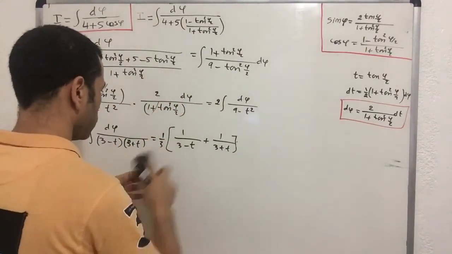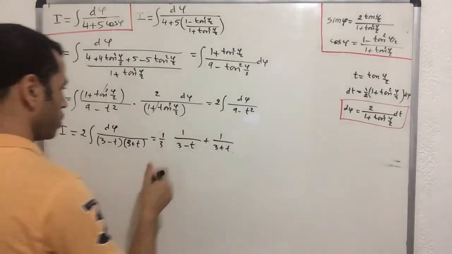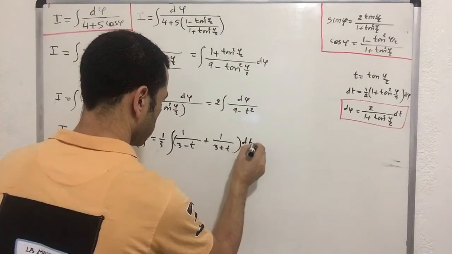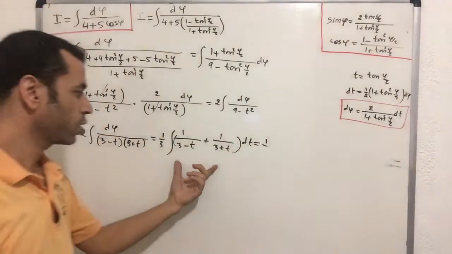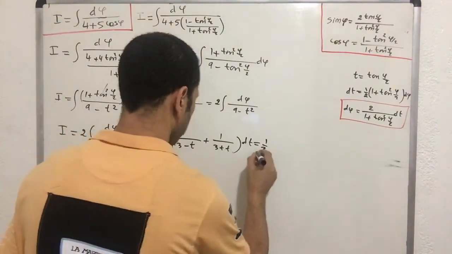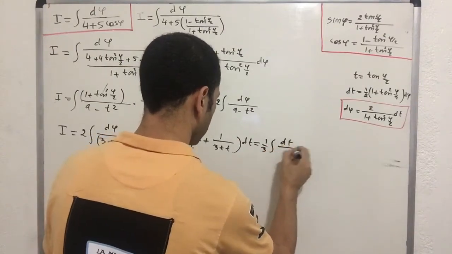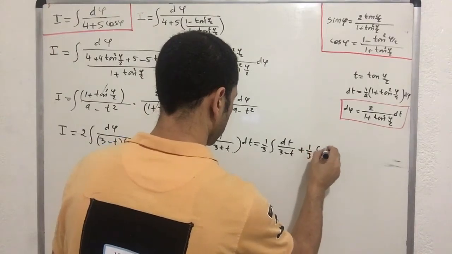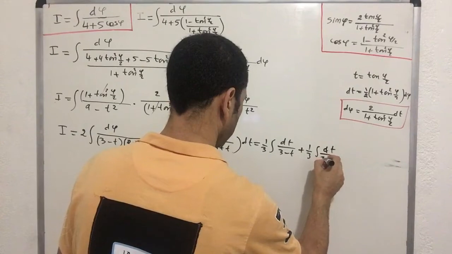Don't forget, this is the integral. Let's split this whole integral into 2 integrals, which is 1 over 3 dt over 3 minus t plus 1 over 3 dt over 3 plus t.